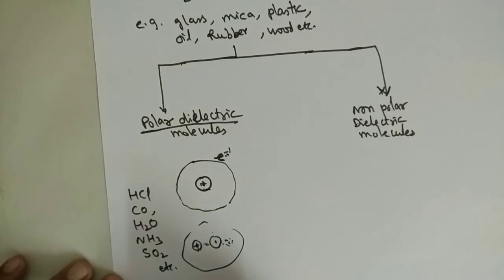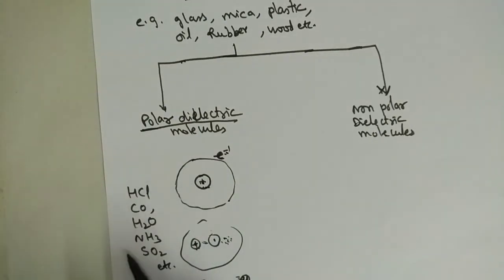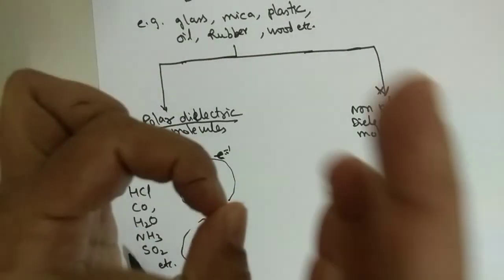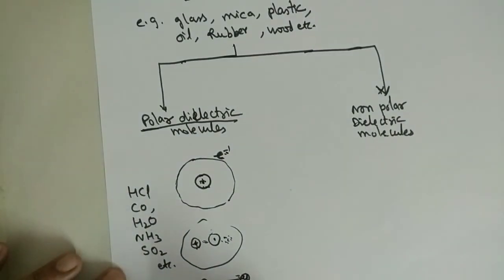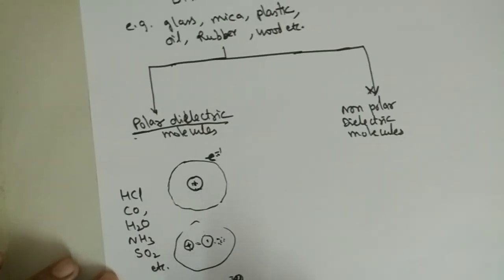It means the positive H is separated from the negative Cl, like this. They are separated by a small distance, like C and O also. Their centers are not coinciding exactly; they are separated by a finite distance. So these are polar dielectrics.